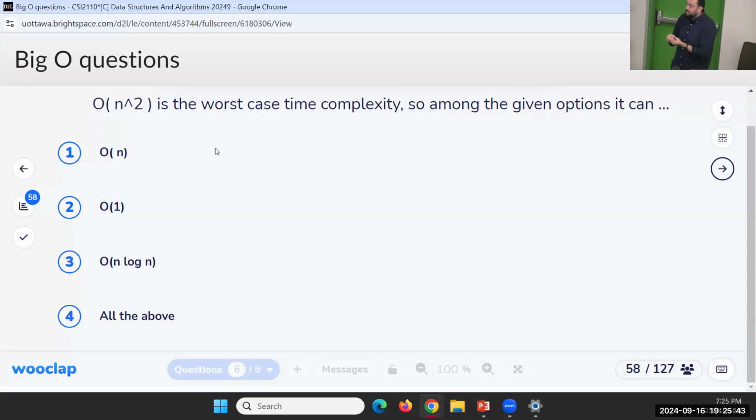So guys, when I'm asking you about O(n²), that means this is the upper bound. So my upper bound is O(n²). That means everything below my upper bound can be under this, right? Think about it like this building has 5 floors.